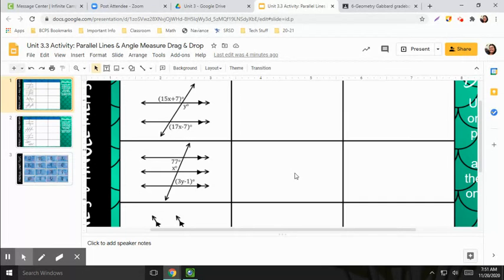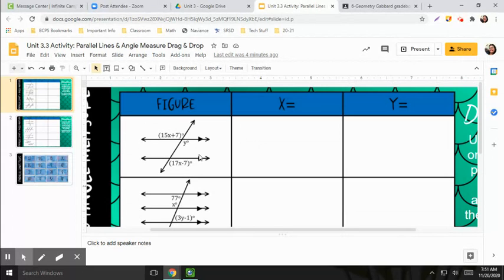So for our first figure here, the first step on everything is you need to label your obtuse and acute angles. You can physically do this if you want to, or we can just go through and make sure. We know that this one is an obtuse angle because it has a wide mouth on it.